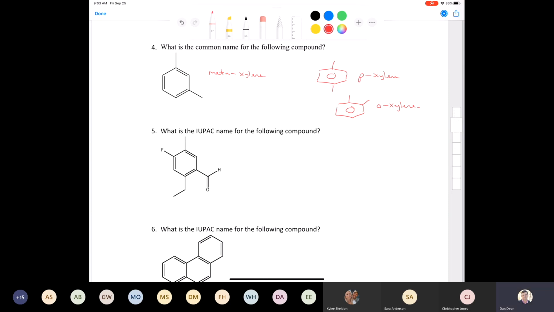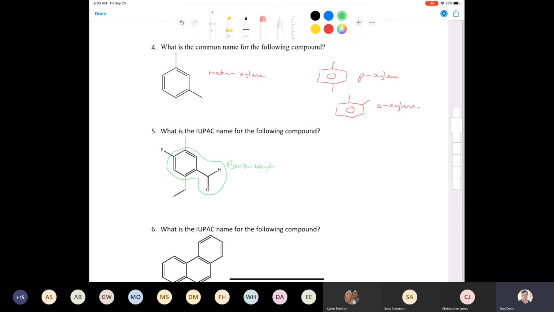Or does anybody recognize a parent in this one? Is there a parent compound in here? There's a common, yes, thank you, Eric. Absolutely, right here. Yes, there we go. There's a benzaldehyde.